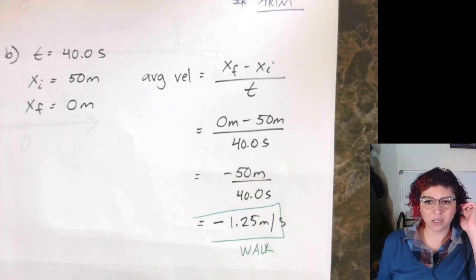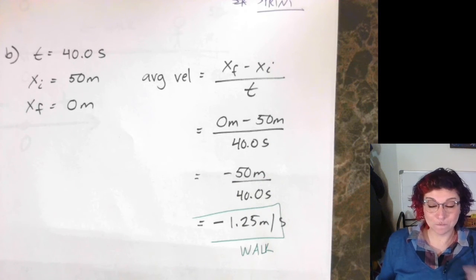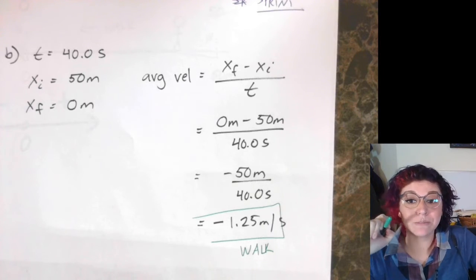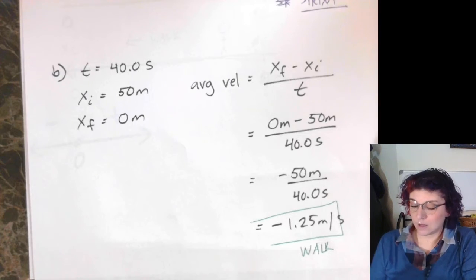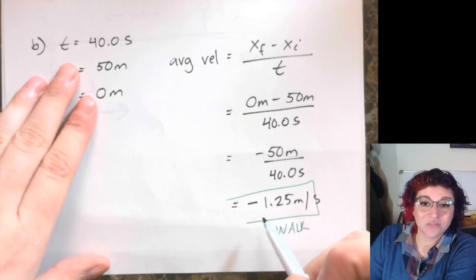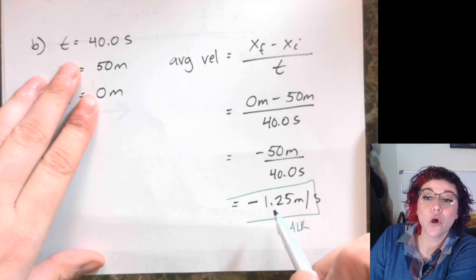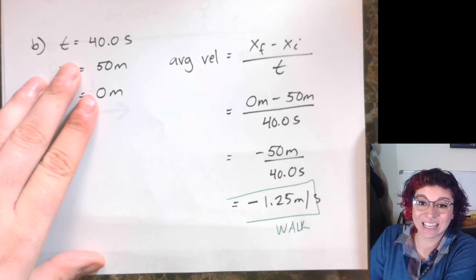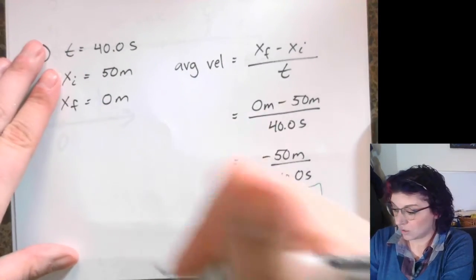And you might be saying, how can you have a negative speed? The plus and the minus tell you direction. The 1.25 is the magnitude. So you are traveling 1.25 meters per second in the opposite direction.